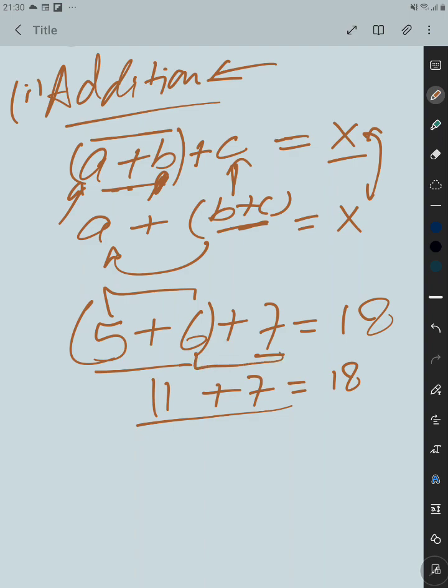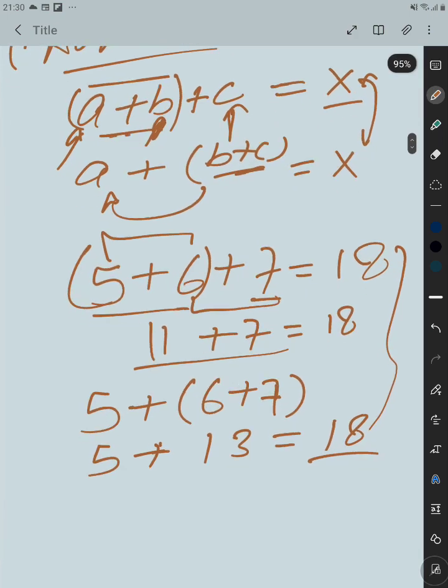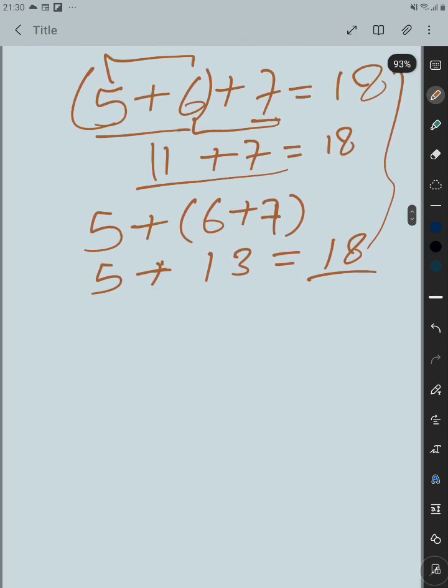Now we associate the last two: 6 plus 7 is 13, and 5 plus 13 is 18. We get the same answer as above.